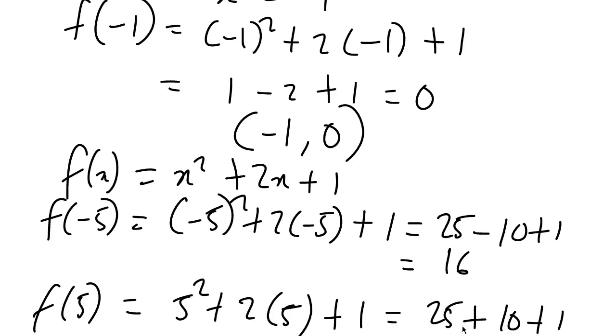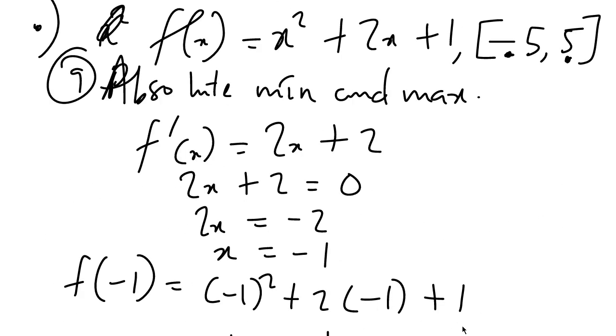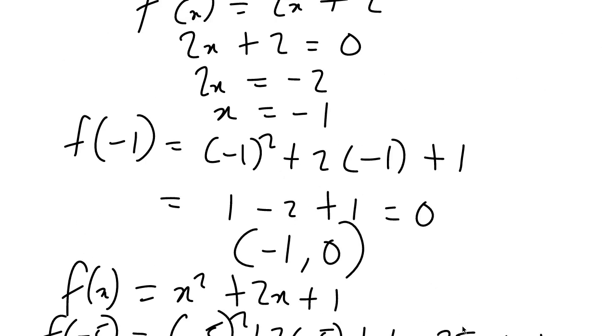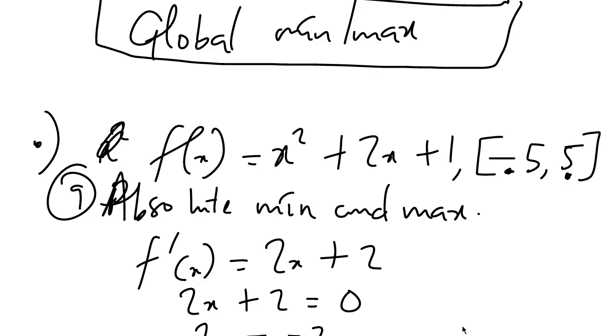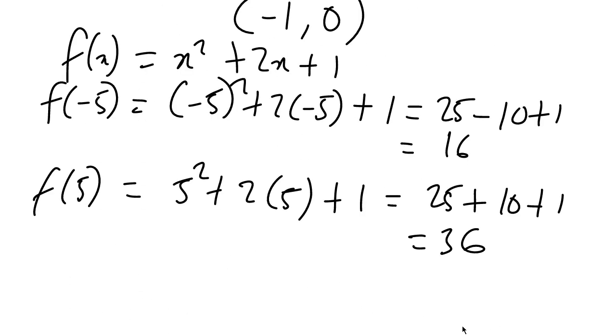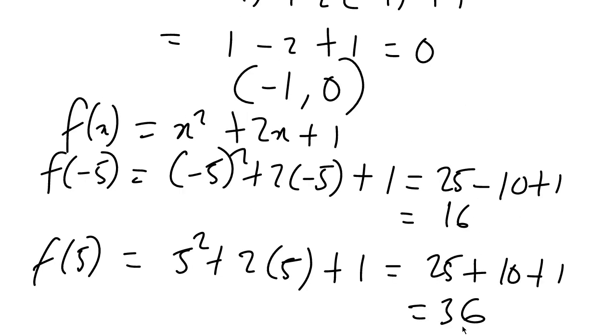So you tested first at the critical point, and the output was 0. Then you substituted the end points, minus 5 and 5, and when we substituted minus 5 we got 16 and at 5 we got 36. Now you look at the outputs: at minus 1 the output was 0, at minus 5 the output was 16, and at 5 it was 36.